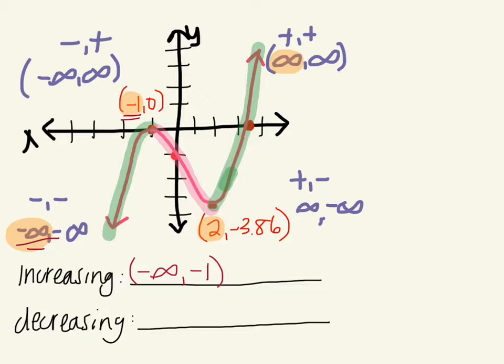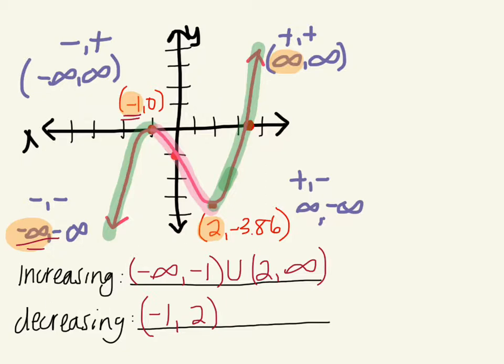So starting decreasing from when x is -1, and y is going to go down all the way until x is 2. And then last but not least, it's going to change and start increasing again from when x is 2 to positive infinity. So in between those two intervals, we're going to put a u for the union of those two sets. So that's how we do increasing and decreasing.